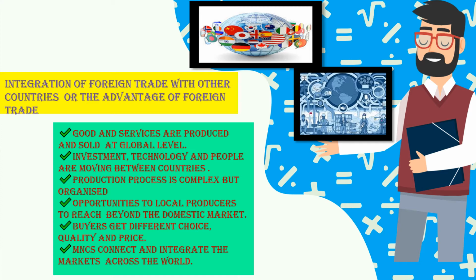Today, if you want foreign stuff, you need not wait for your uncles and aunties to come from a foreign country. You can just go to nearby malls. There, the foreign things are available and you can buy the choice you want, the brand you want. So this is one of the biggest advantages of foreign trade.